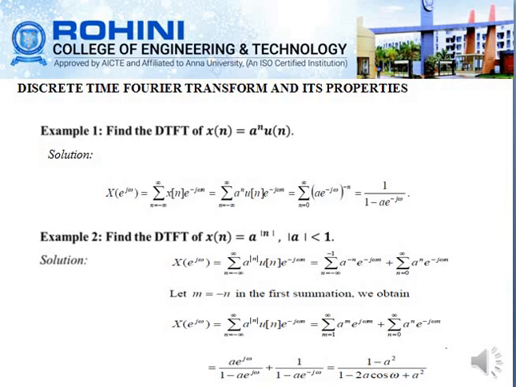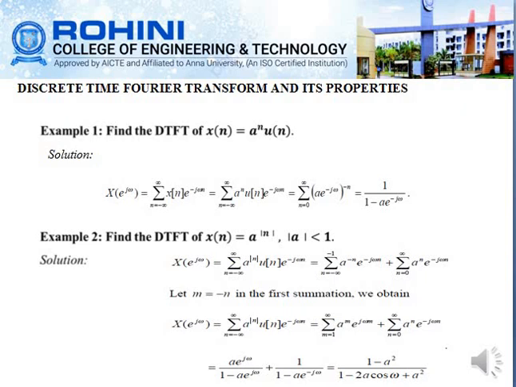So modulus of n represents that n holds both positive and negative values, so based on that we have to split the a^|n| term. For the summation limit n equal to minus infinity to minus 1, x(n) is a^(-n) e^(-jωn), and for the limit from 0 to infinity, x(n) is a^n e^(-jωn).